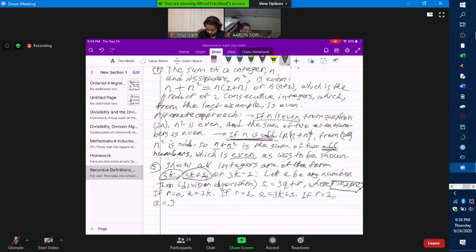You don't have to be this careful, but I'm going to be very careful here. You'll see why in a moment. Instead of calling it k, I'll call it q. Now, over here, this box, I want to get it into the form 3k minus 1. So if I want a minus 1, I'll put a minus 1 there.